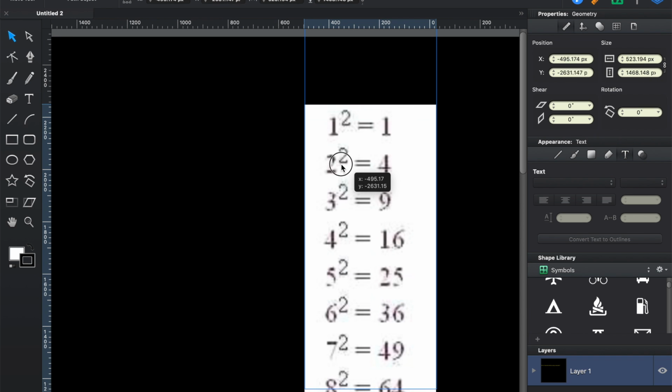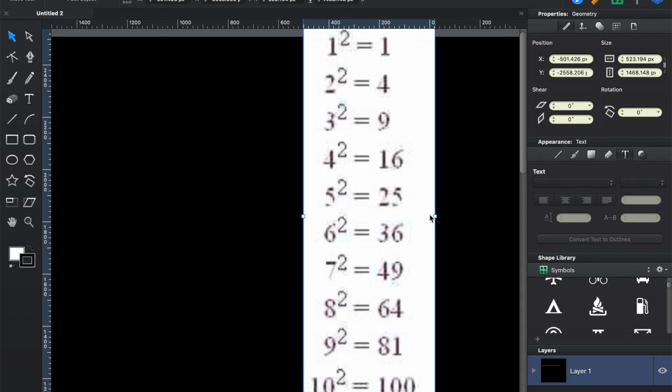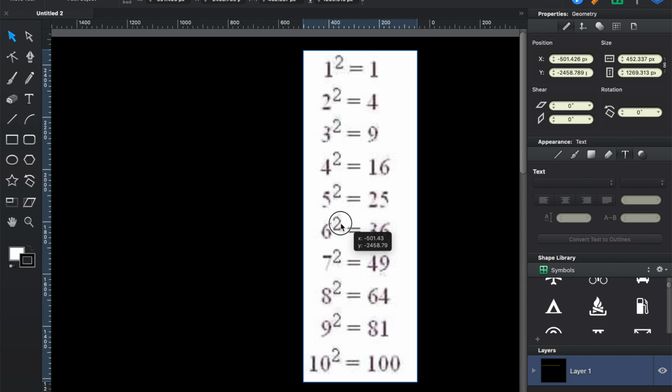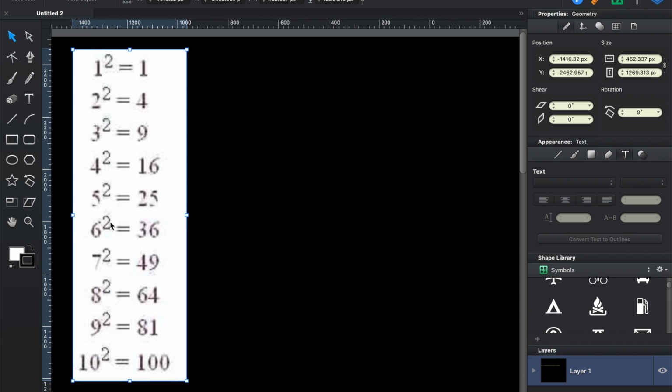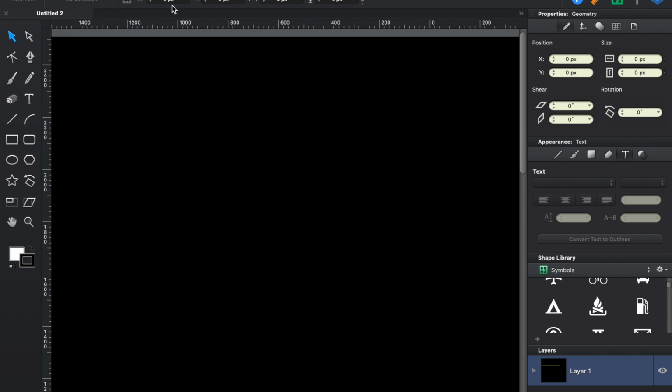I can make it bigger if I want. Oops, too big. Okay, so what you need to know is the cubes of the numbers 1 to 10, or 1 to 9.